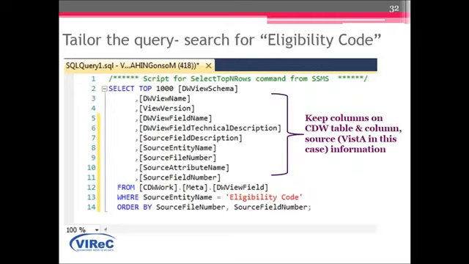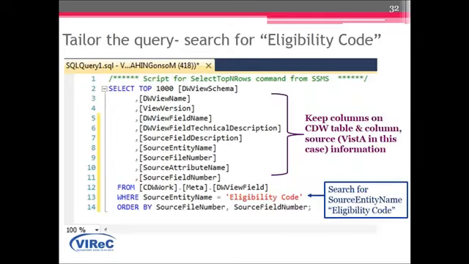And so I added my where statement this time to search for CDW data where the source entity, or in other words, the VistA file, was named eligibility code. And then I'm going to see whether or not it's in the CDW when I run my query.